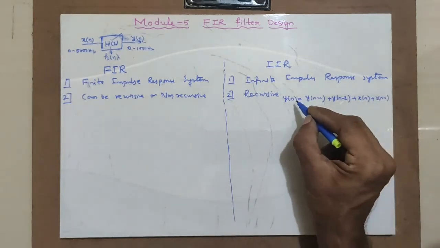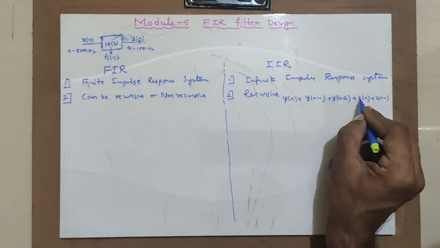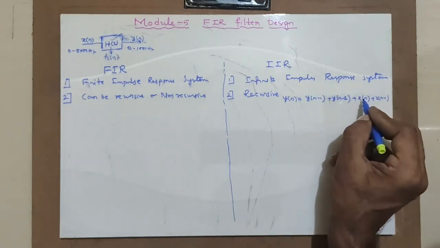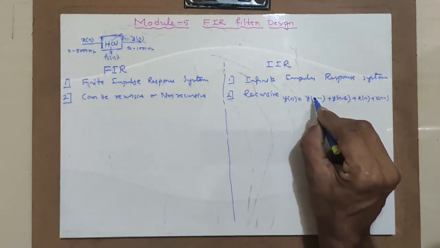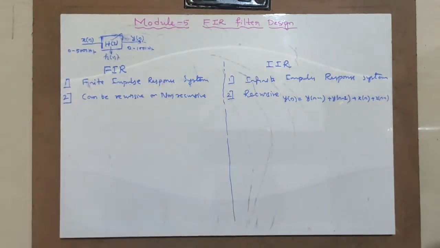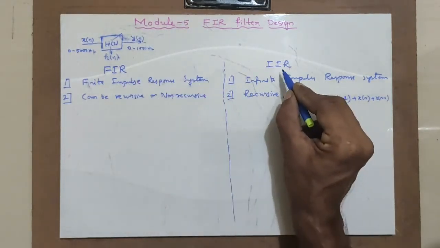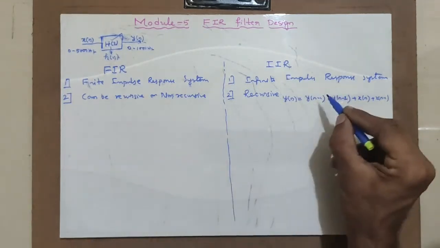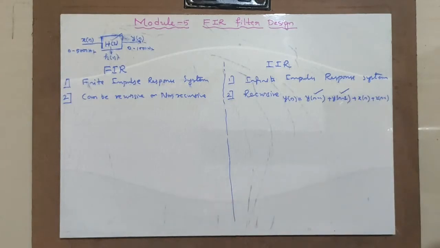The output depends upon previous outputs as well as previous inputs and present input. A system where the output depends upon the previous outputs is called a recursive system. Whereas an FIR system can be recursive or non-recursive. Non-recursive means it doesn't depend upon previous outputs. FIR can be non-recursive, whereas IIR is always recursive, depending upon Y of n minus 1, Y of n minus 2, etc. That is the second difference.